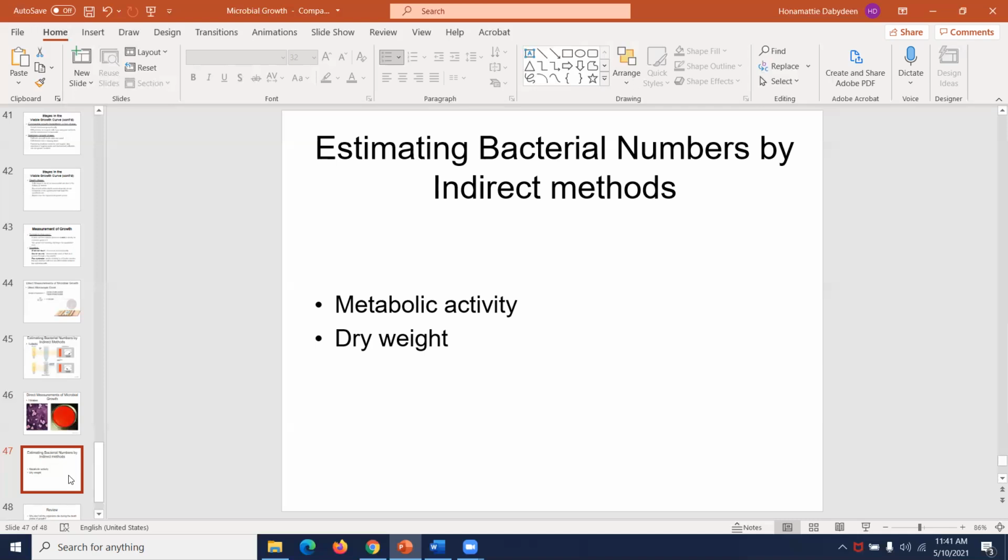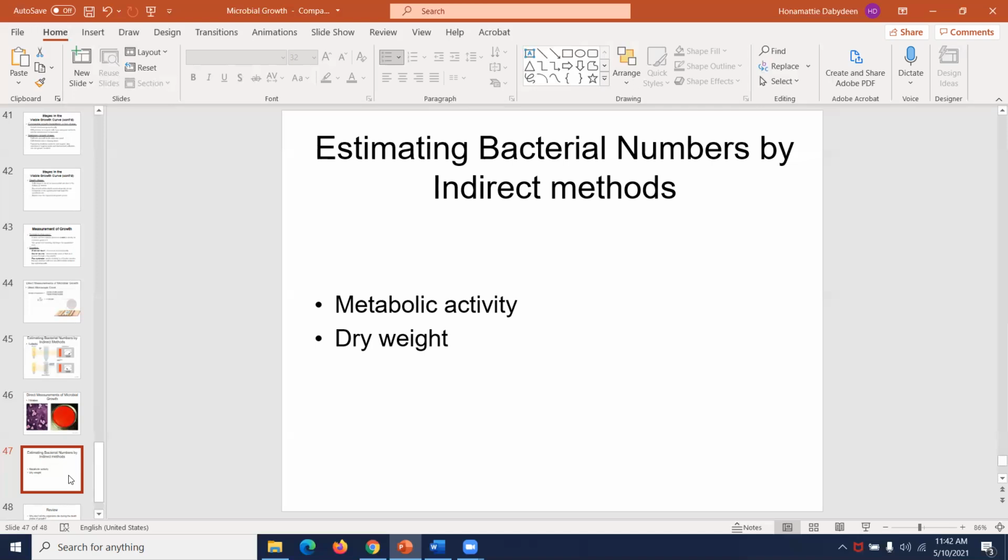Same thing with weight. We're not going to be able to weigh one organism, not in a clinical lab. You can do all these things if you have those sophisticated machines these days, of course, but in a regular lab, we're not going to have that.